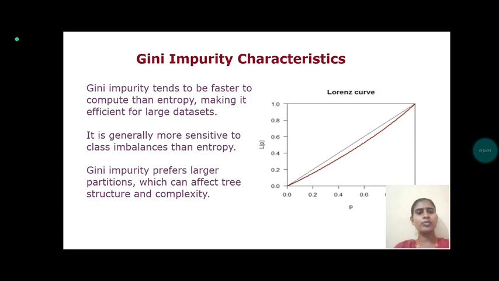Gini impurity prefers larger partitions, which can affect tree structure and complexity. Here is the Lorenz curve. It starts from 0,0 and ends at 1,1. The x-axis has p and the y-axis has L(p).